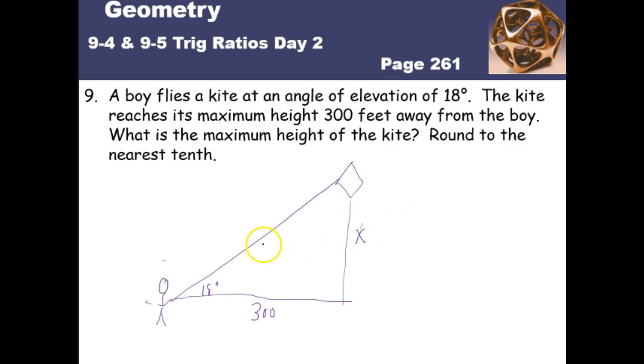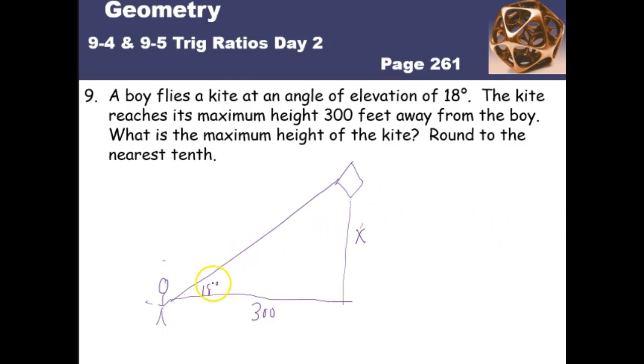Now we're not going to worry he's holding it, and we don't know how tall the boy is, so we don't know how high his hand is off the ground, but we're not going to worry about that in this particular case. If it gave us information about that, we would use it, but it doesn't. So we can pretend he maybe stuck it into the ground at some point, so it's flying from the ground.